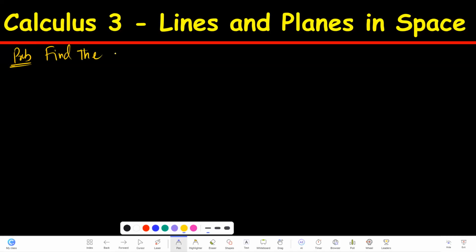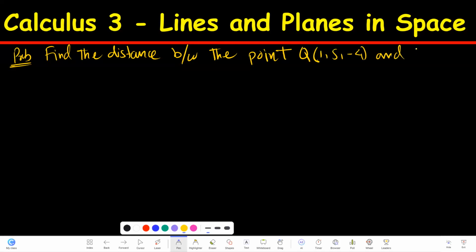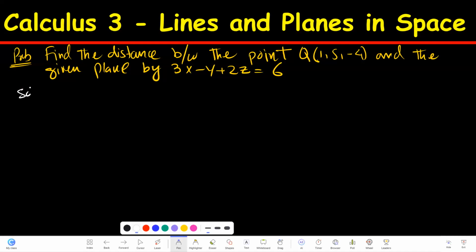Find the distance between the given point and the given plane 3x minus y plus 2z equal to 6. Both are given, and I'm going to solve it.